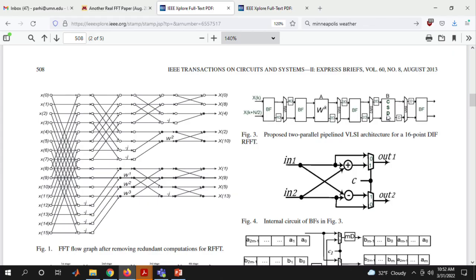minus j. So what we didn't talk about is when the angle is pi by 8, e to the power j pi by 8, e to the power j 5 pi by 8, say pi by 4, 45 degrees, 135 degrees, and then 225 degrees and 315 degrees.